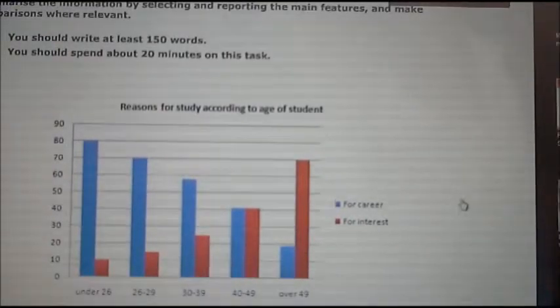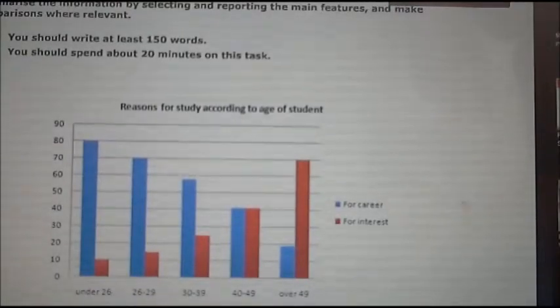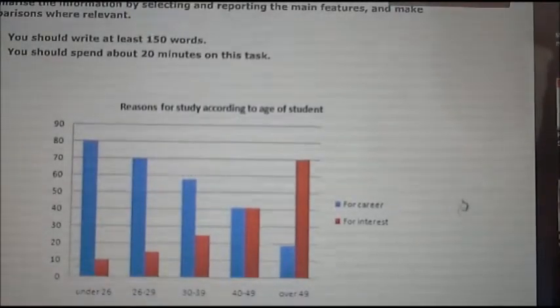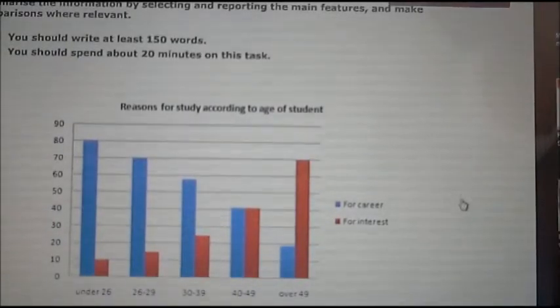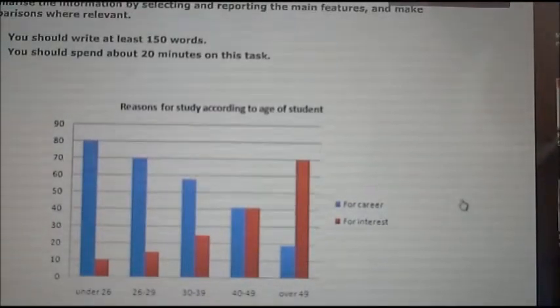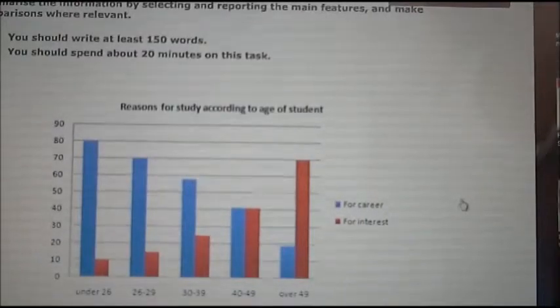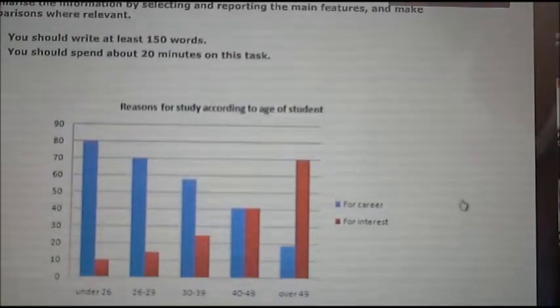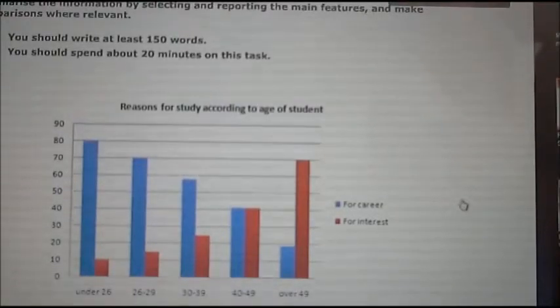Just compare these two: old people, middle-aged, and old, and young and very young. We can see a big contrast, no? What is the possible reason for this contrast?